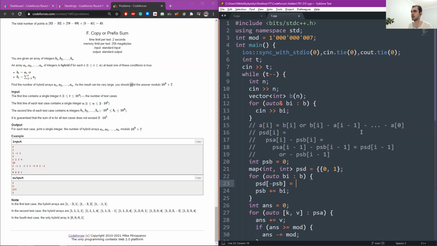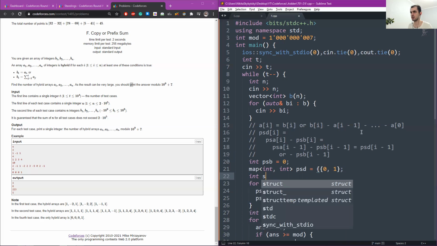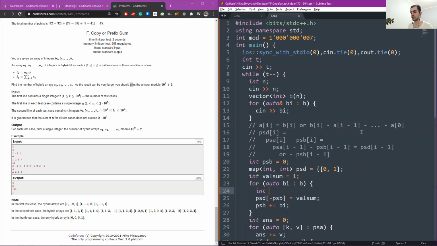Should get the sum, the current sum of all values. Well, that's not going to be easy. Well, sum starts with 1. Oh, actually it is.